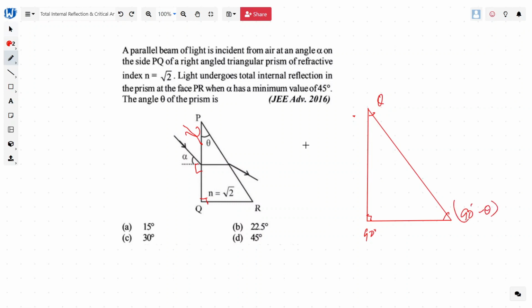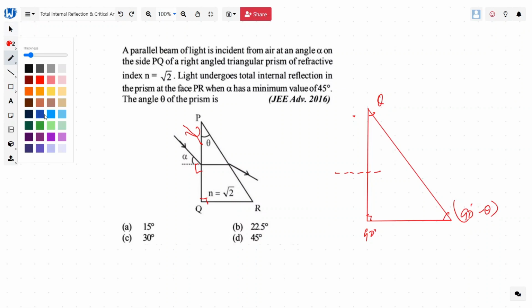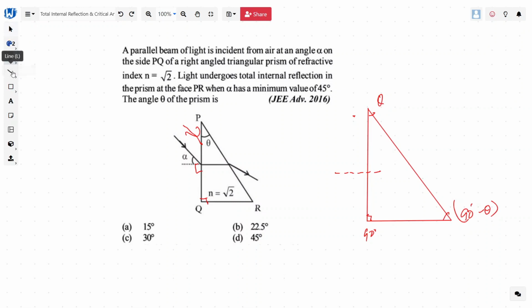We also know the ray of light is incident at angle alpha. So first we need to draw our normal. The ray of light is going to come from here at a particular angle alpha. This is going to be alpha.